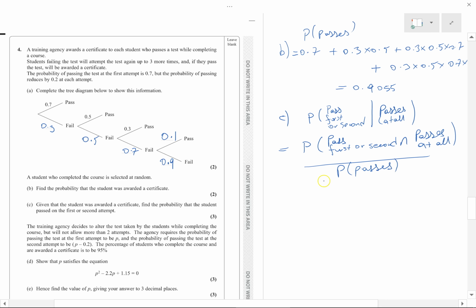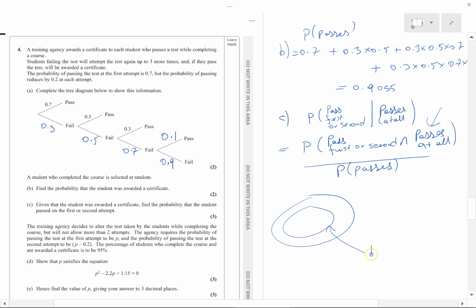Okay, well, this is a bit strange because of course if they pass first or second time, they've also passed. It's an example of an event, if we did a Venn diagram for it, being entirely enclosed in another event.